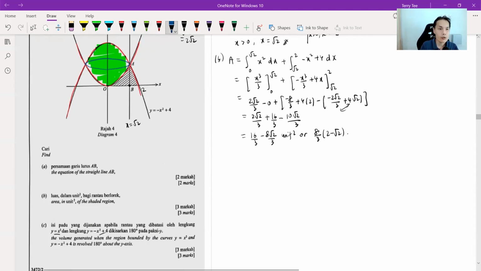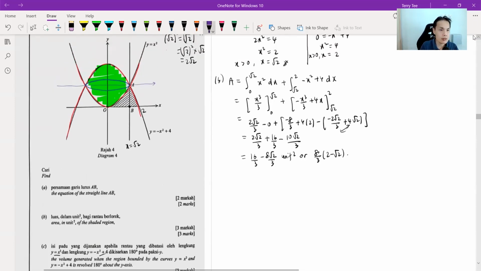When I draw a line here, say in purple, you notice they are symmetrical because y equals x squared and y equals negative x squared plus 4 are symmetrical at the point of intersection. This point is 4, this one is 0, this is 2. At y equals 2, they are symmetrical. So you can find the volume of one of them and then just times 2. That will make your life easier, right?